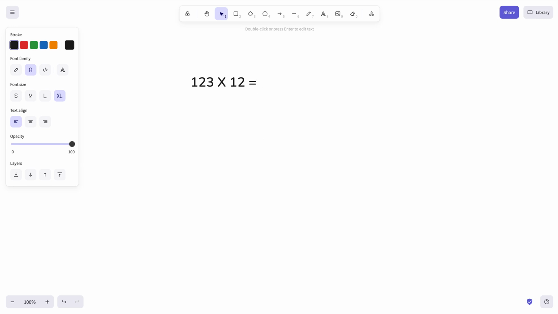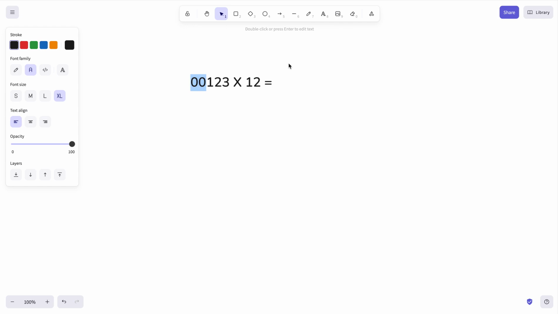Just like our one-digit multiplier, we will have to start with putting zeros in the front over here. Since there are two digits, 1 and 2, which makes 12, we will add 2 zeros here.